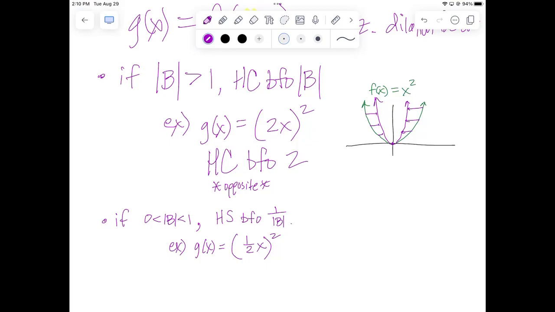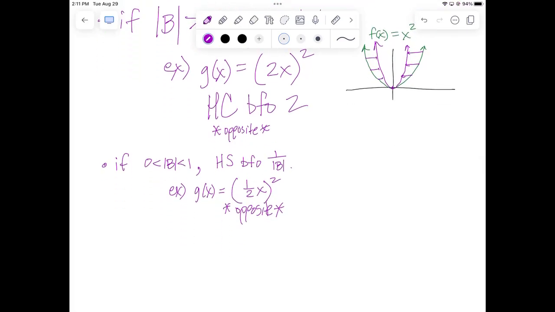Well, you might look at it and say, oh, 1/2 of the x, 1/2 of the width. That's going to be narrower, right? But guess what? Because it's on the inside, again, it's going to be the opposite of what it appears. So it's not half as wide, it is what? Twice as wide.